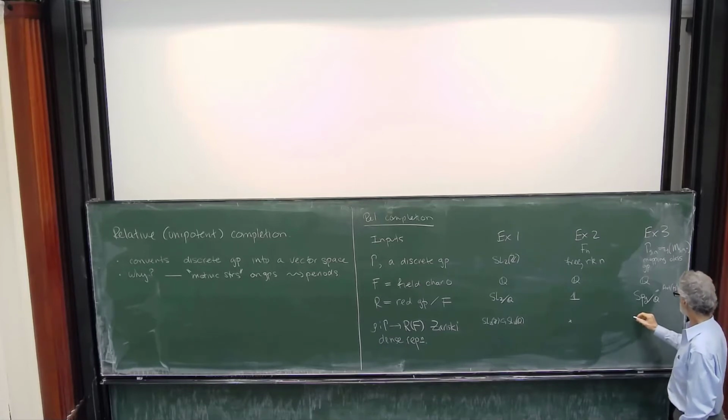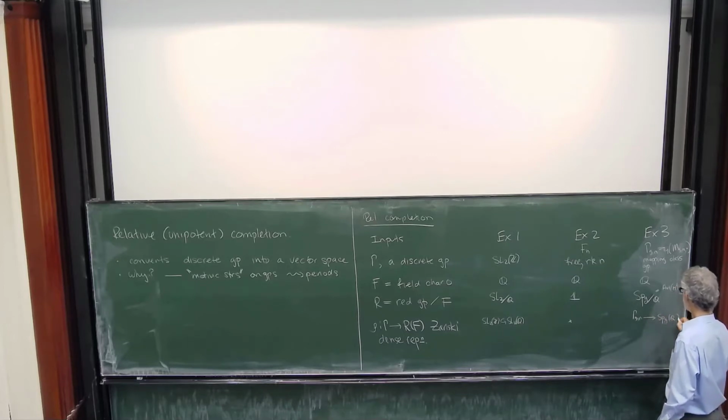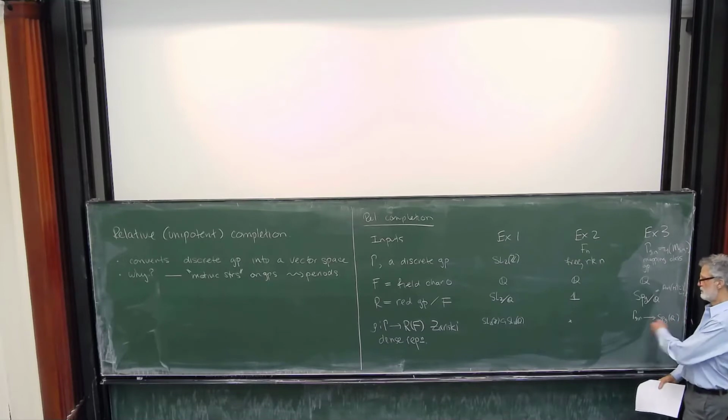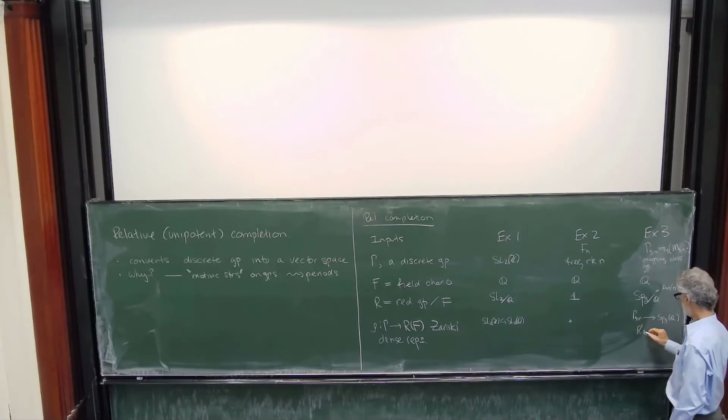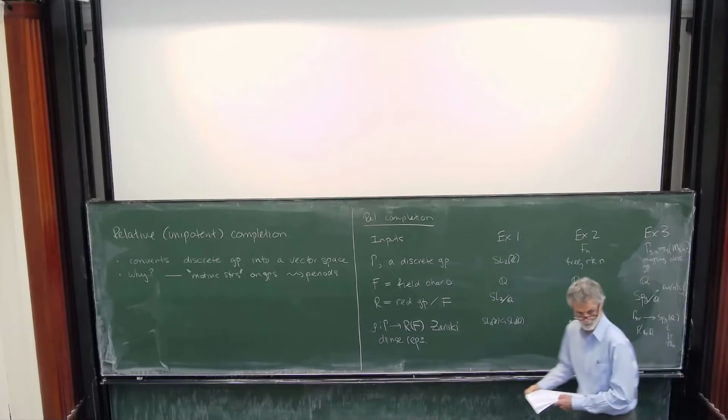And so there's a natural representation of the mapping class group onto Sp_g(Q). It's basically the monodromy of the local system R pi lower star of Q, where pi is the universal curve over M_g,n, the universal complete curve.